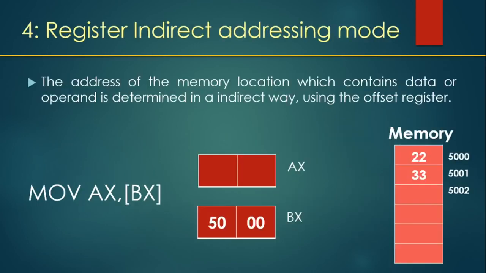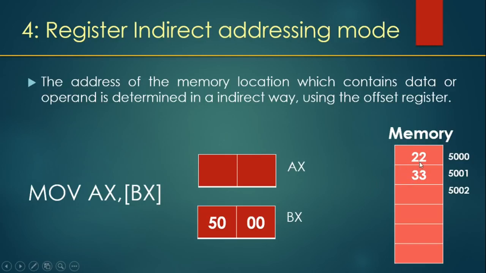Next is register indirect addressing mode. In this mode, the memory location which contains the data or operand is determined in an indirect way using an offset register. So you want to copy some data from a memory location, but the address you are not going to give along with the instruction. The address you are keeping in a different register. In this example, MOV AX, [BX]. BX is holding a memory location address, and this address has some data, that is 22 and 33.